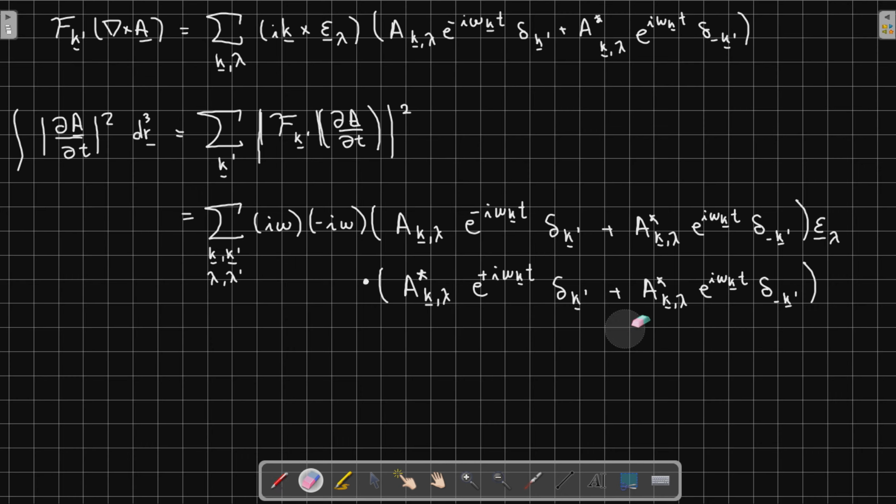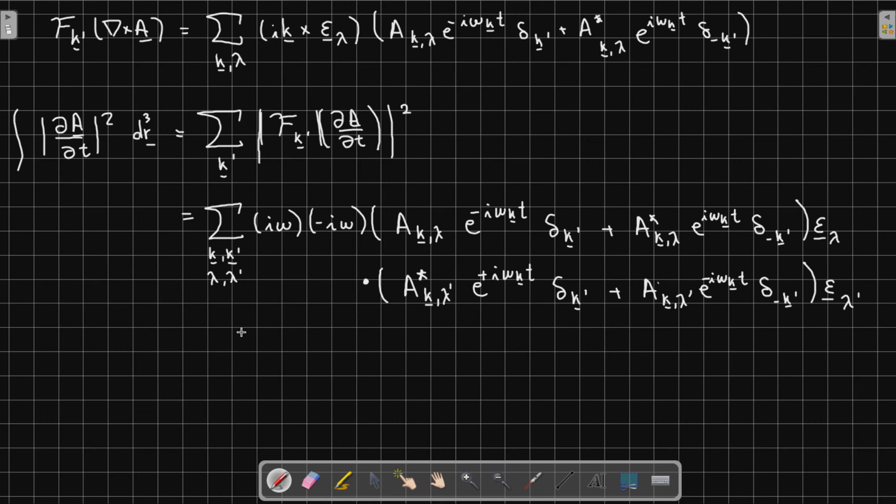So this becomes a plus, and this becomes a minus, okay? Times e_λ′, and yeah, so this gets lambda prime, this gets lambda prime, okay, yeah.